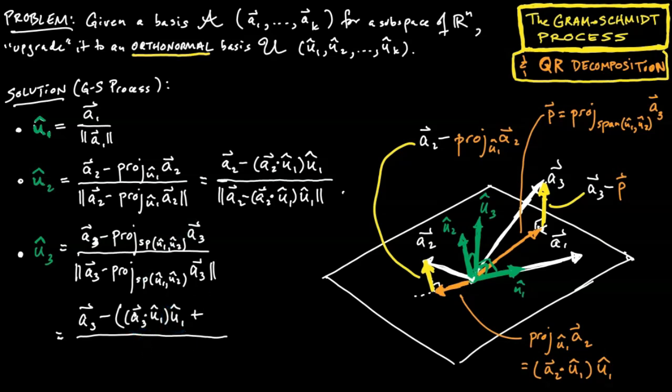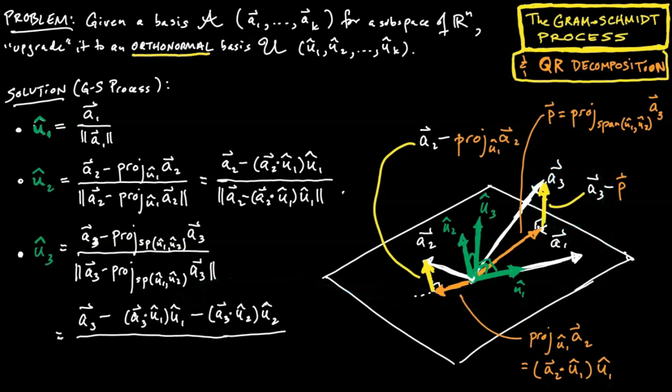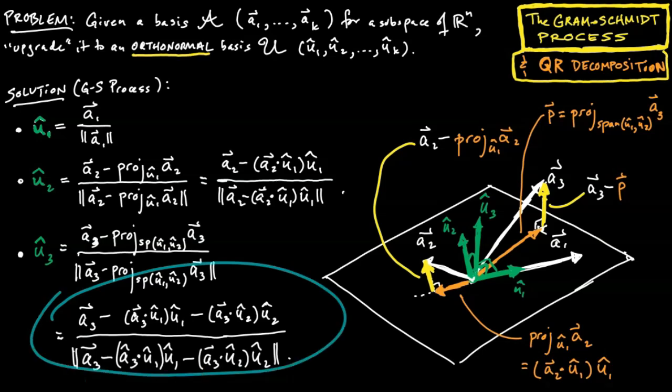And to that, we are going to add A3's projection onto U2, which of course is A3·U2 times the vector U2. That was what we learned in the previous video. And all these parentheses are making me antsy, so let's distribute that negative like so. Good. That's our vector pointing in the right direction. So now we just have to normalize it. And we are done.